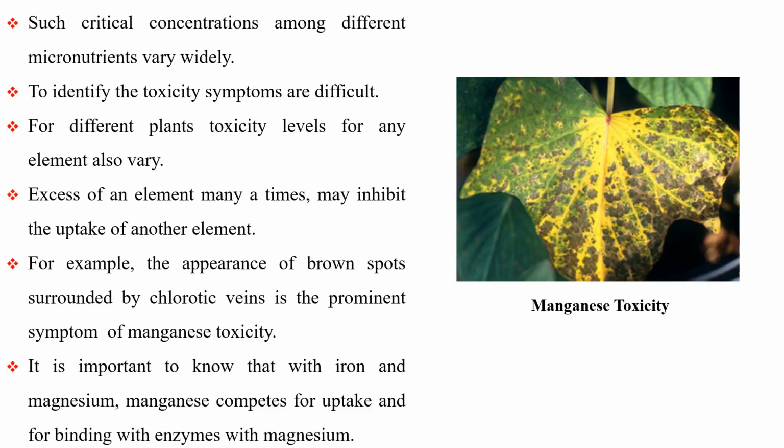Excess of an element many a times may inhibit the uptake of another element. For example, the appearance of brown spots surrounded by chlorotic veins is the prominent symptom of manganese toxicity. It is important to know that manganese competes with iron and magnesium for uptake, and with magnesium for binding with enzymes.